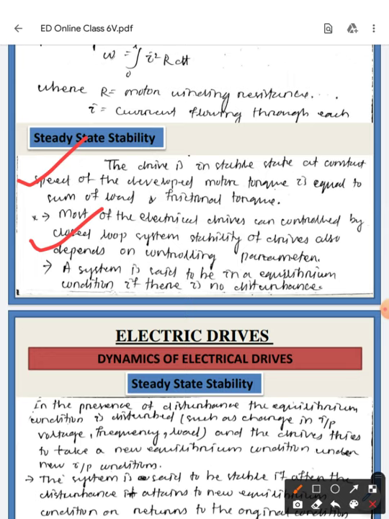A system is said to be in equilibrium condition if there is no disturbance. So in this case the system should be in the standstill condition.